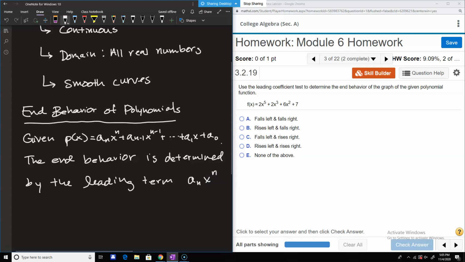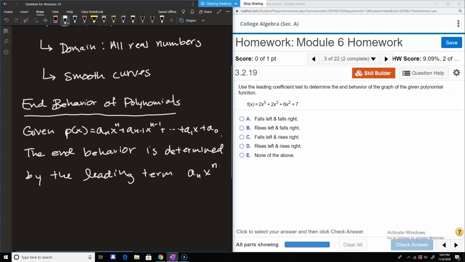It's determined by looking at two things. You look at the leading coefficient, which is a sub n. You care about whether that's positive or negative. And then you also care about the degree of the term, which is n itself. And you care about whether that is even or odd. So what happens, well, there's 4 cases.